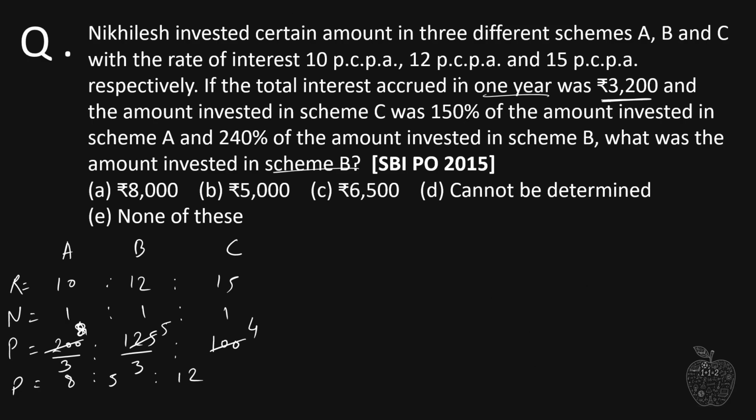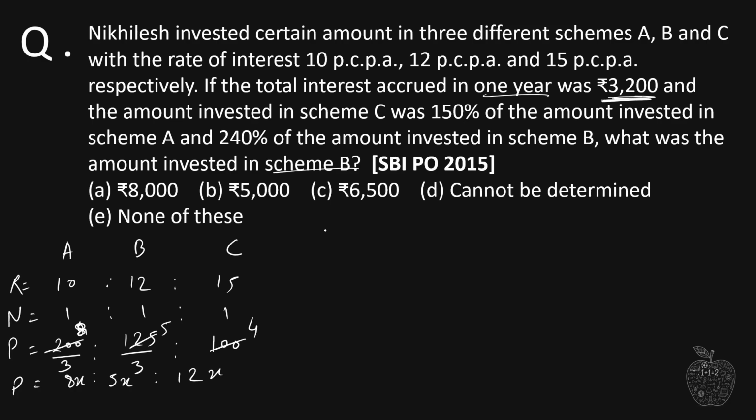Okay, now the question already told us that the total interest accrued was 3,200. That means the simple interest for this, this and this, the total, is 3,200. So let's calculate the interest first. Now let's assume the principals are 8x, 5x and 12x, and the formula for simple interest is P into N into R by 100.